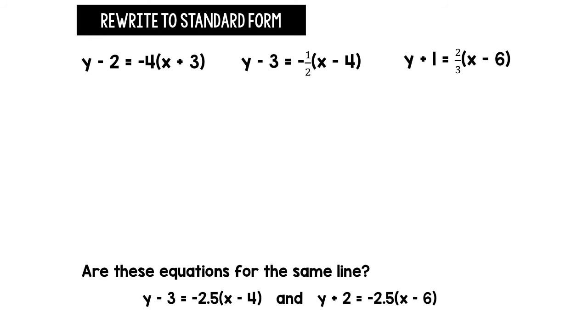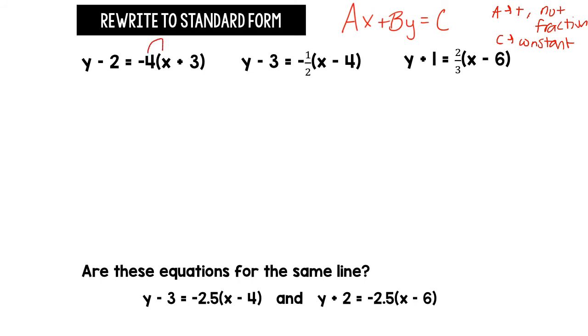Standard form we haven't talked about a whole lot, but it looks like ax plus by equals c, where a is positive and not a fraction, so it has to be an integer, and c is a constant. So let's make it look like that.